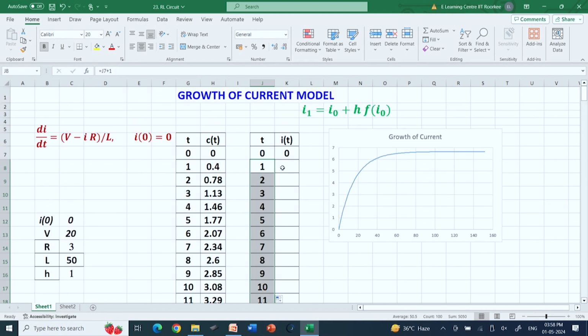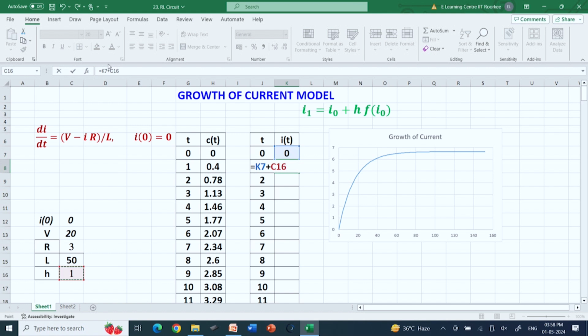To calculate this, which is equal to I0 plus h times, h is a constant, so I put dollars, multiplied by f of I0, which is this expression, only I is replaced by the initial condition.